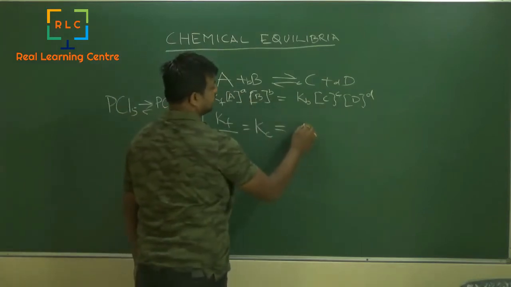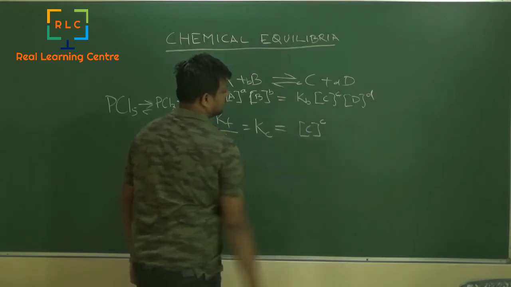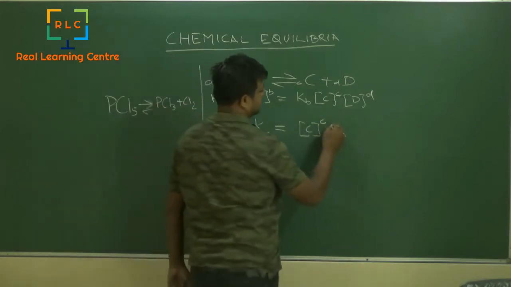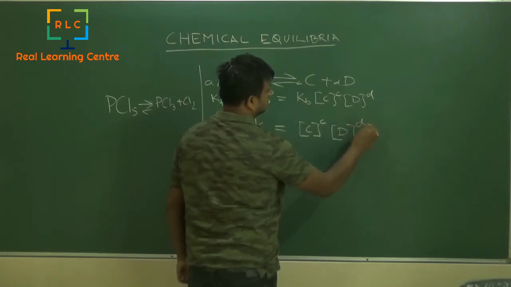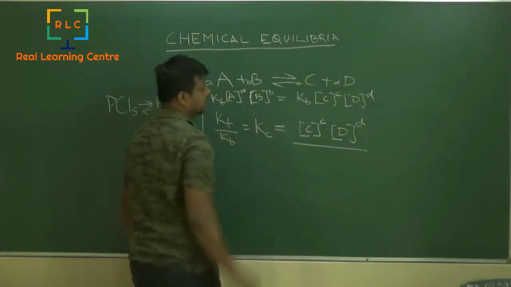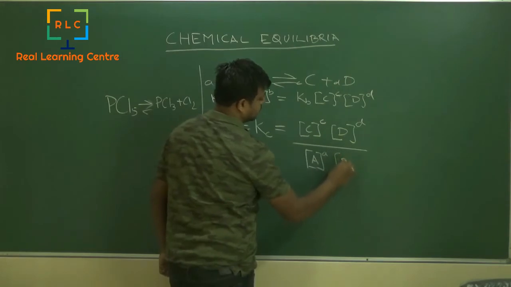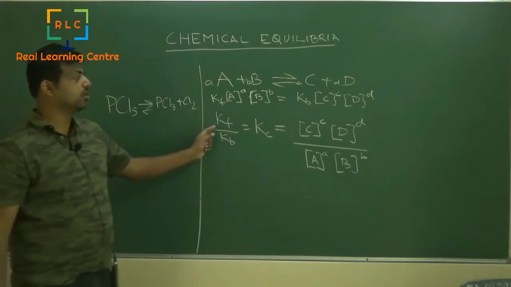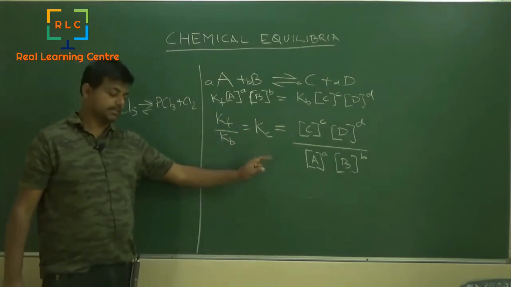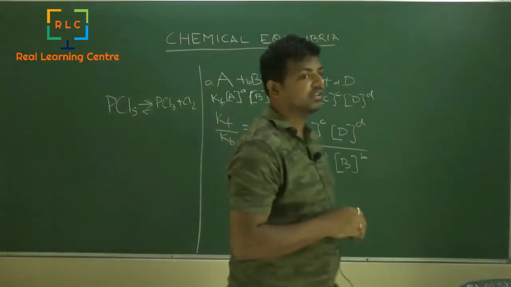So you will get C raised to the power of its stoichiometric coefficient, D raised to its stoichiometric coefficient, over A raised to its stoichiometric coefficient, B raised to its stoichiometric coefficient. So this is called the equilibrium constant of a reaction. Okay. Now what does this mean? What does this give us?